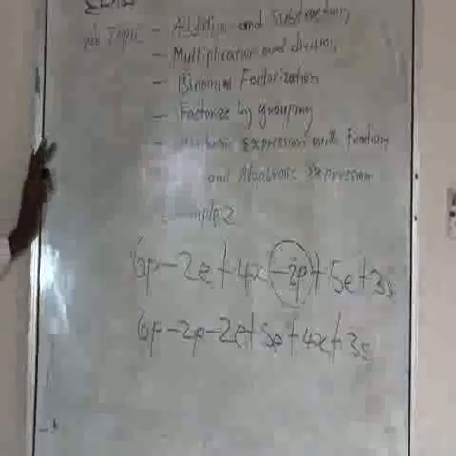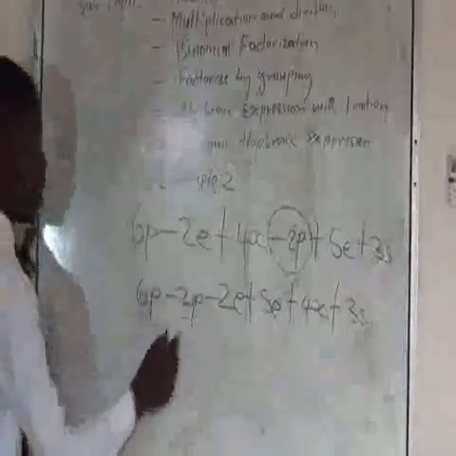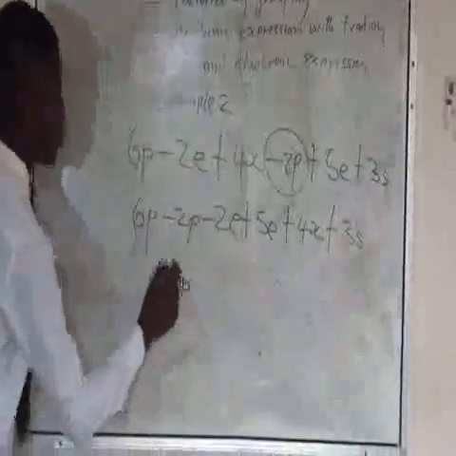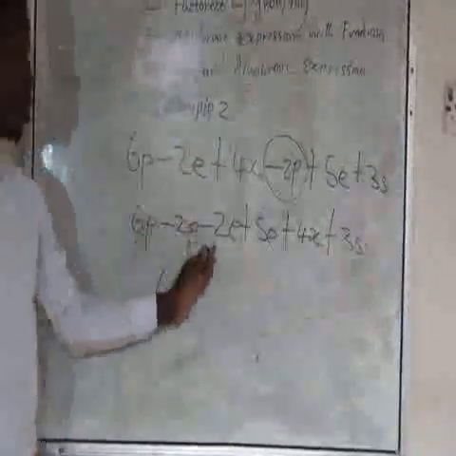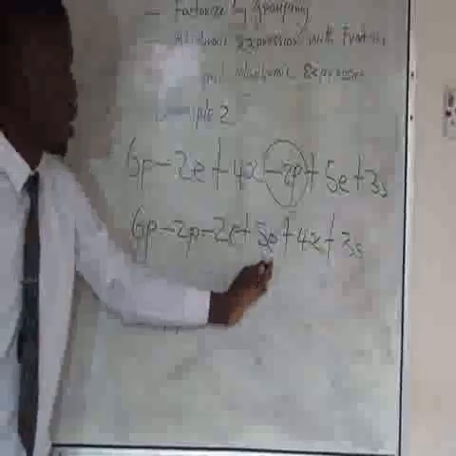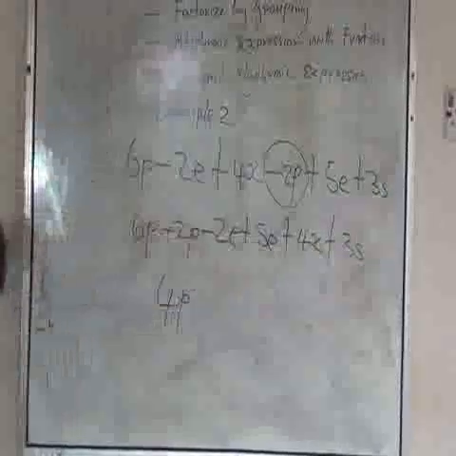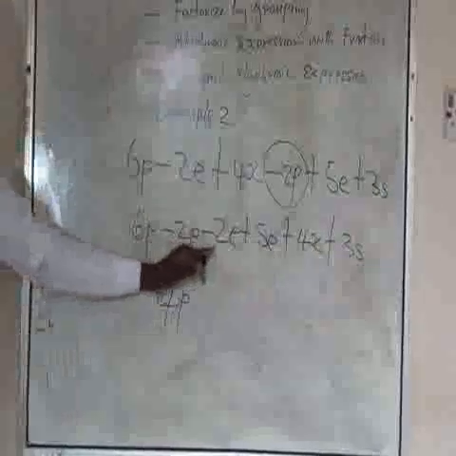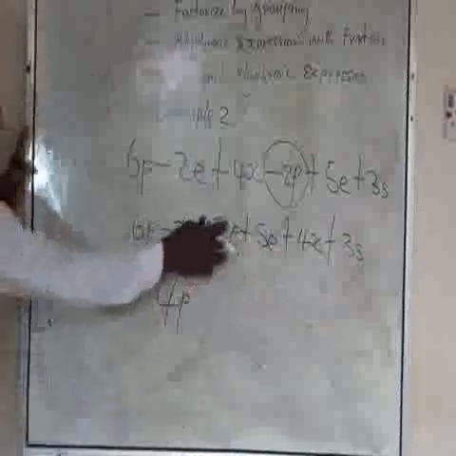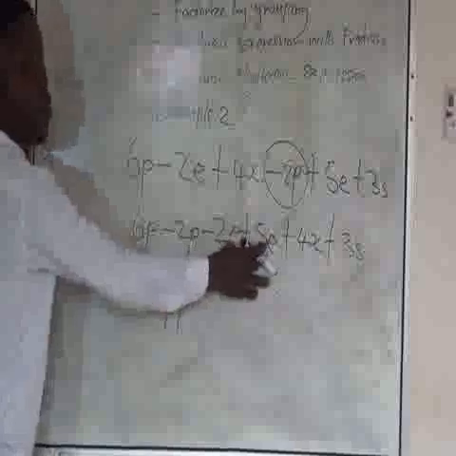Good, let's subtract. 6p minus 2p give me 4p. Then minus 2e plus 5e. According to what I have explained before, minus plus is always minus. But because this one has the biggest number, the answer will be plus.